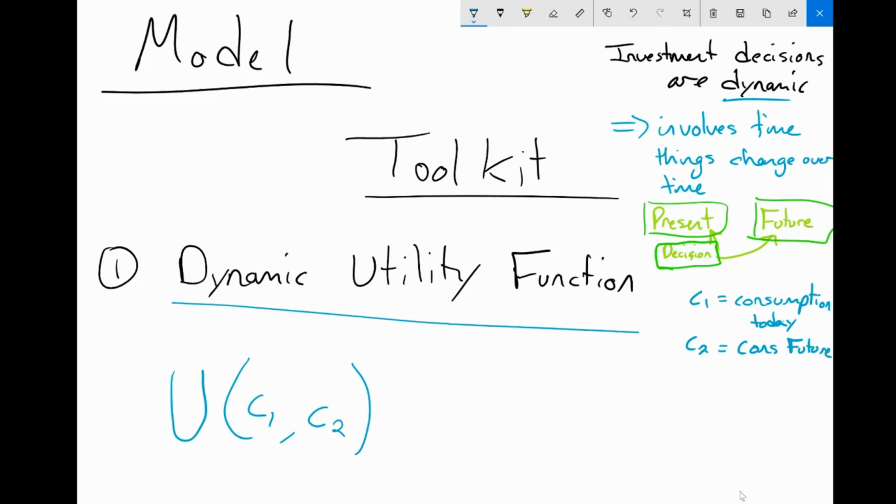All right, this is kind of abstract. U is a function. What it does is it gives me the net present value of current and future utility.